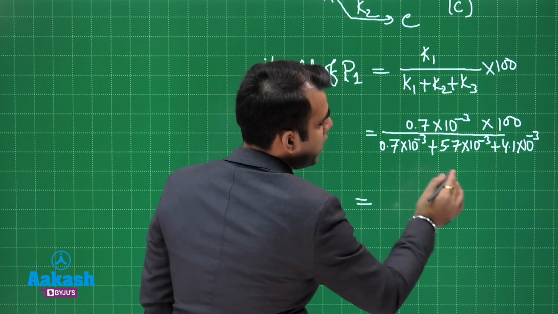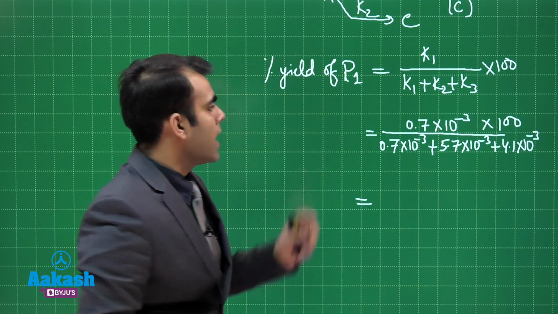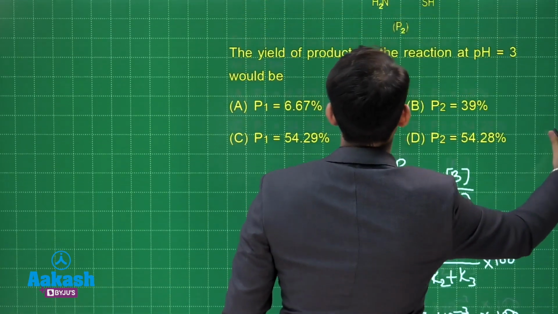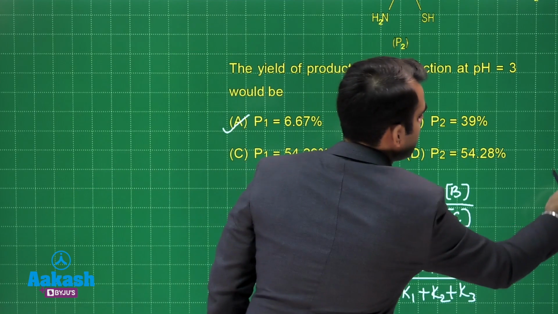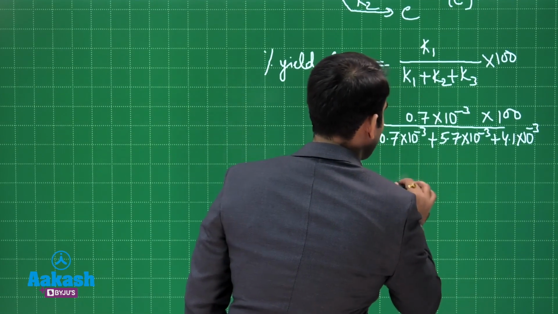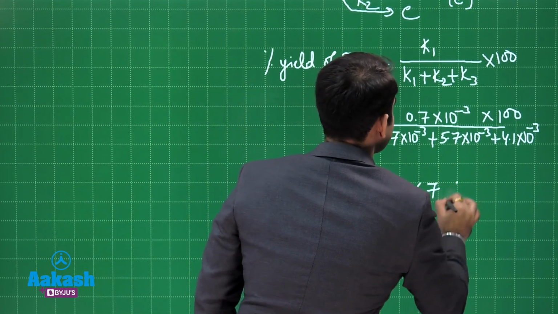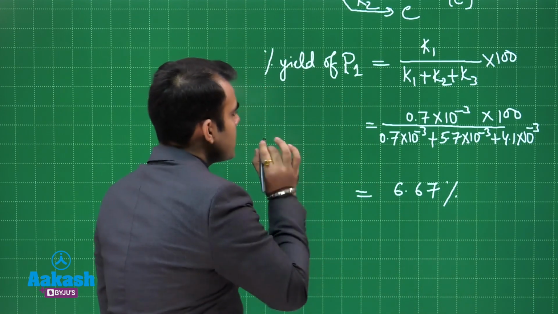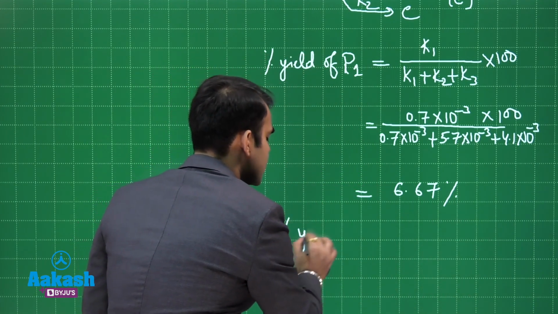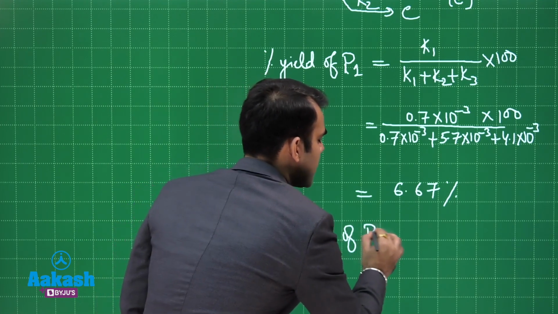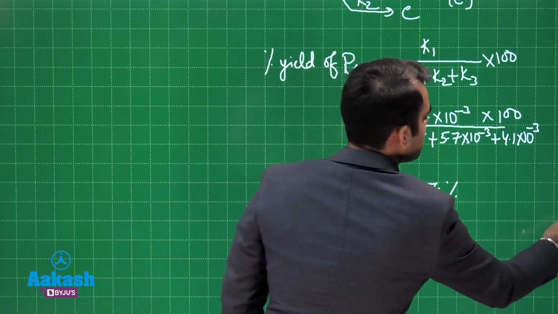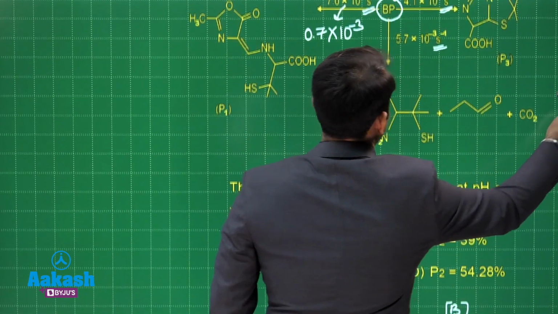Now if we calculate this, the value that we obtain is 6.67%. So P1 from the calculation is 6.67%.